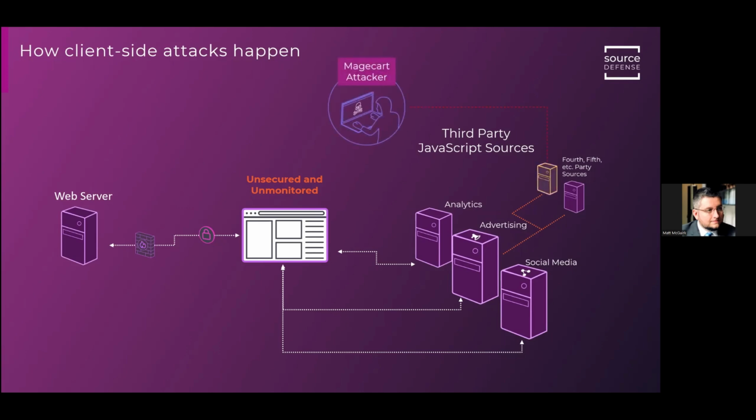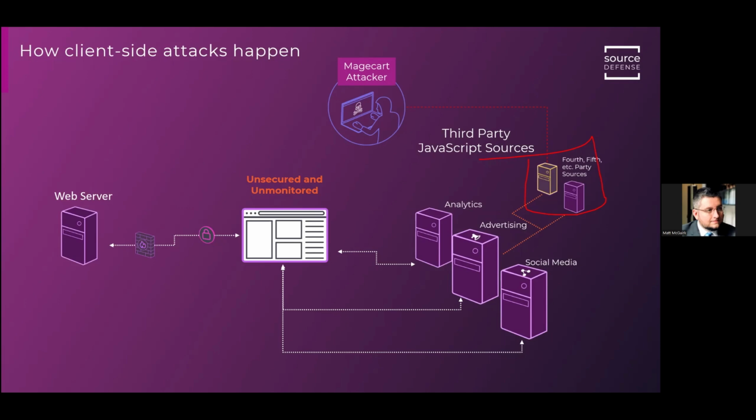Attackers know about this. They take advantage of the supply chain effect, and they do things like poison some part of the supply chain, meaning it would not be the merchant. I'm going to use the word merchant, by the way, and payment service providers are relevant here too, but I'm just going to start saying merchant for the sake of conciseness on this call. So the merchant doesn't host this code. They just instruct their webpage to go grab the code from somewhere else.